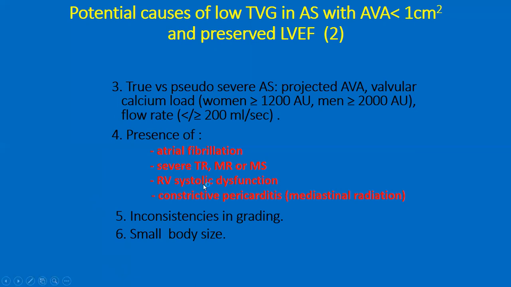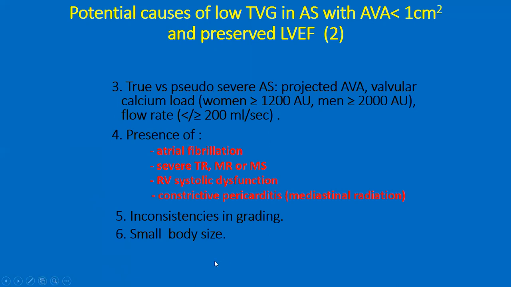As well, right ventricular systolic dysfunction, by decreasing the left ventricular preload, leads to the same consequences, and lately constrictive pericarditis was added to the list of conditions associated with discrepancy between gradients and valve area.